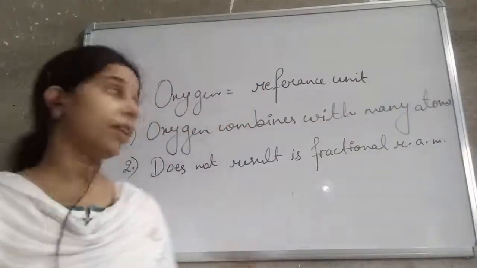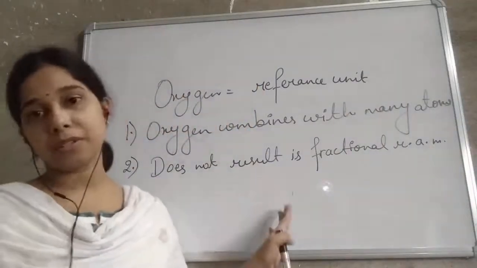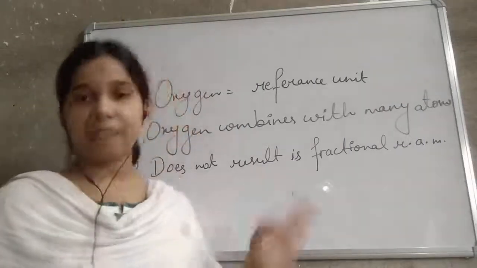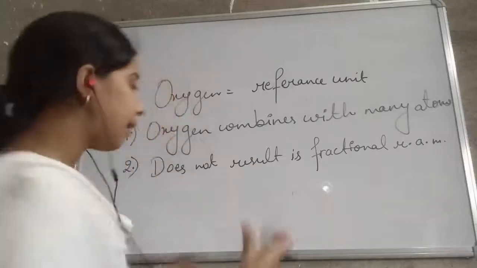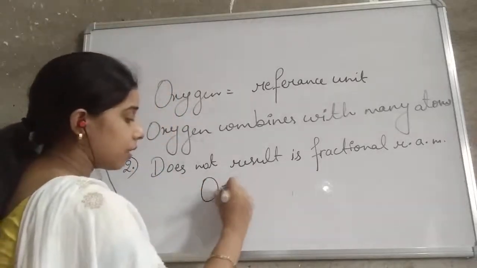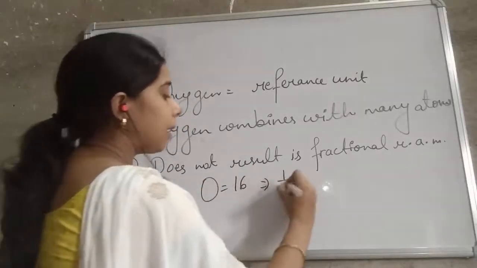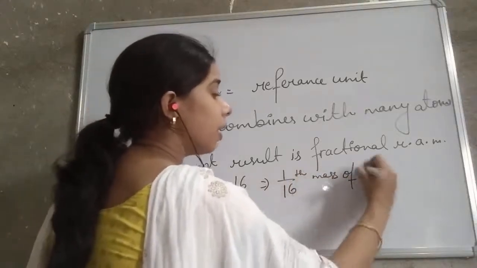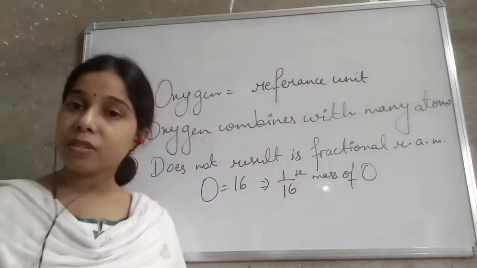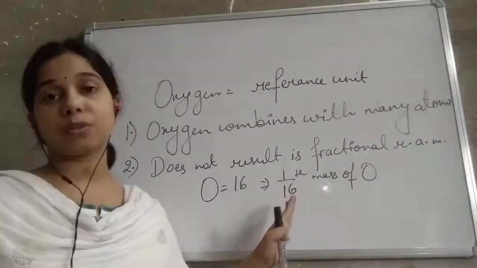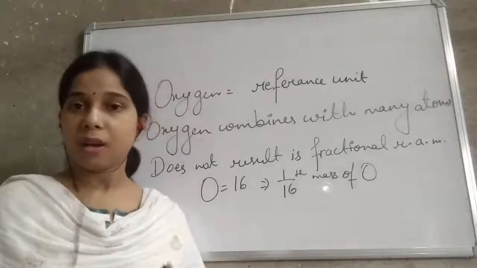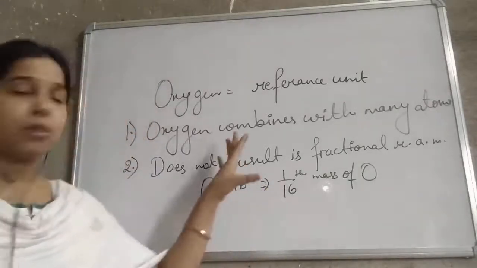So when we use oxygen as a reference unit, the result that we get is not a fraction. Because the oxygen here is 16, 1 by 16th of the mass of oxygen is used as a reference unit to measure the mass of the different atoms of the elements. So these are the two reasons.